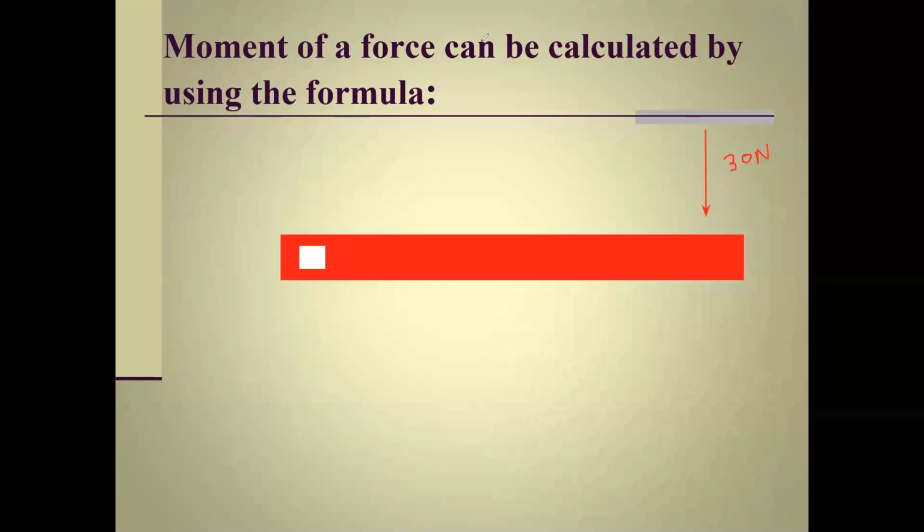The distance from the point where the object is fixed to the point where you're applying the force is, for example, 5 meter. And the question is: calculate the moment, the turning effect.